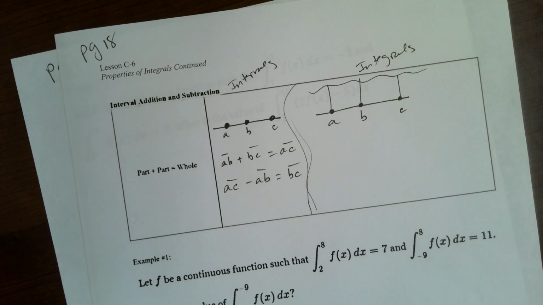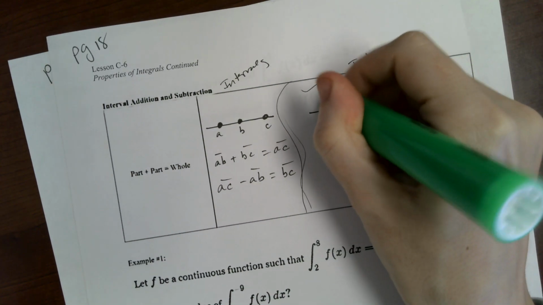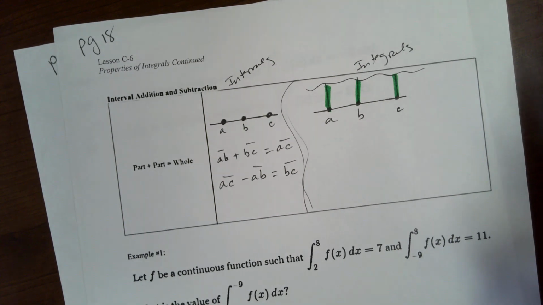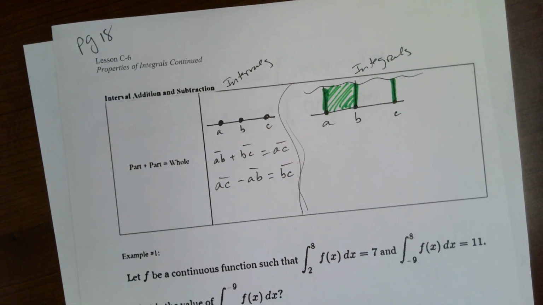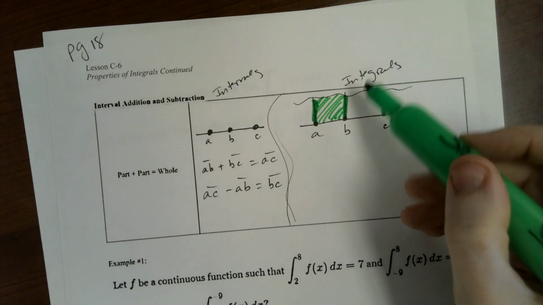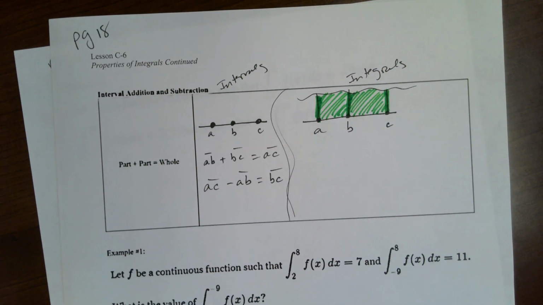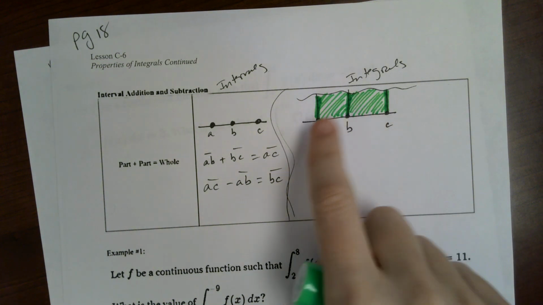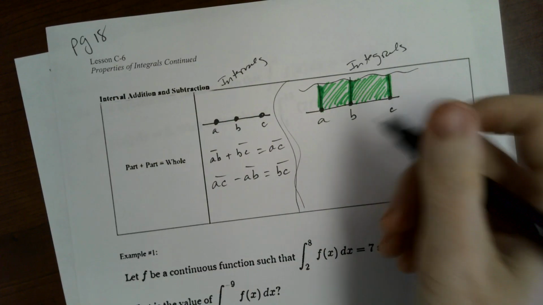So this space here, that's the area of the integral from A to B. That area is the integral from B to C, but if you added both of these areas, you'd get the total area from A to C.